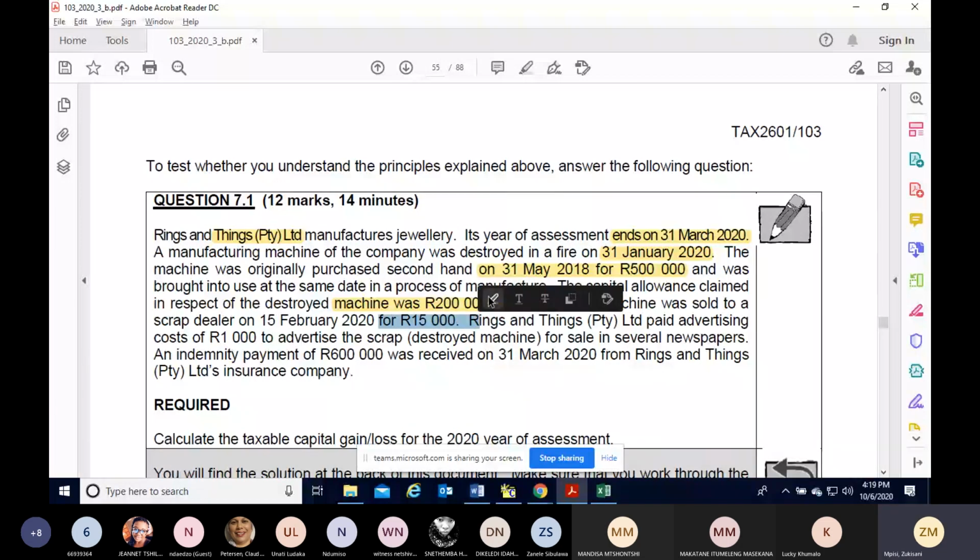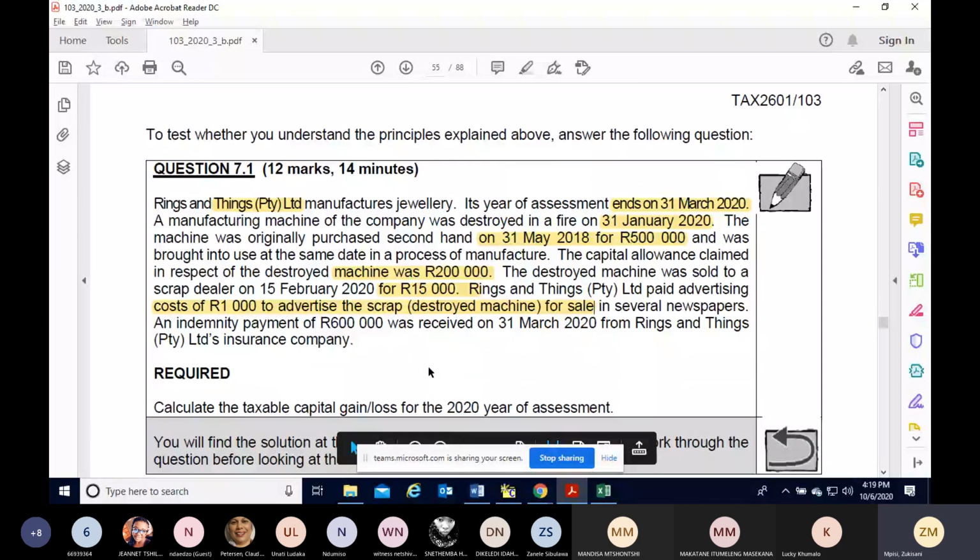Rings and Things paid advertising costs of 1,000 to advertise the scrap for sale in several newspapers. An indemnity payment of 600,000 was received on 31 March 2020 from Rings and Things Insurance Company.